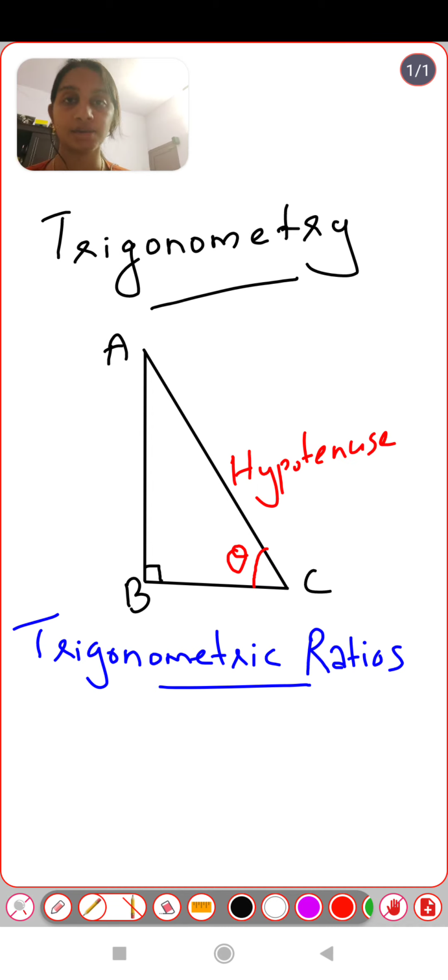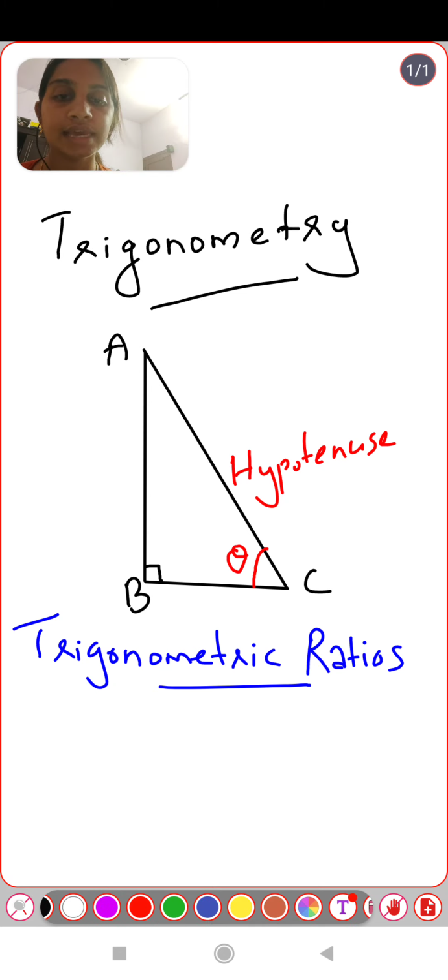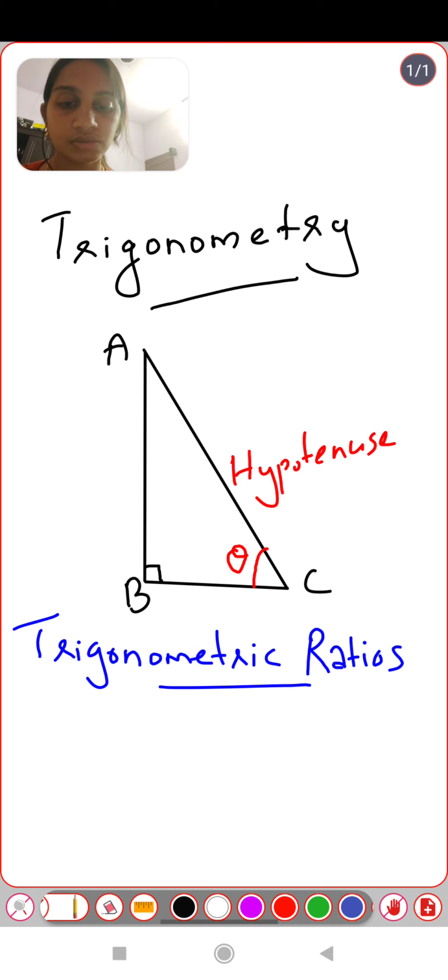So AC is the hypotenuse. Now, other than the hypotenuse, which side is adjacent to this angle C? BC. So, according to that angle, BC is the adjacent side.